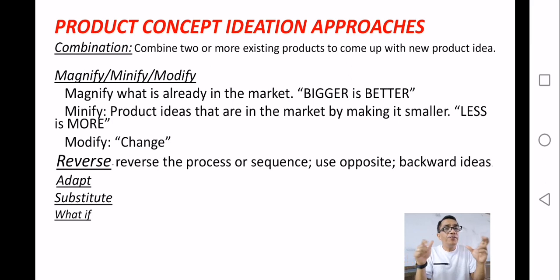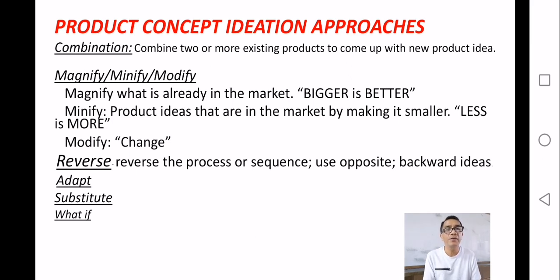But if we can find another product which is just a combination of product A and B, which when produced will help our consumers pay less because they get the two products in one product that we are offering them, then that will work. Okay? Then another one is we can magnify, minify, or modify.